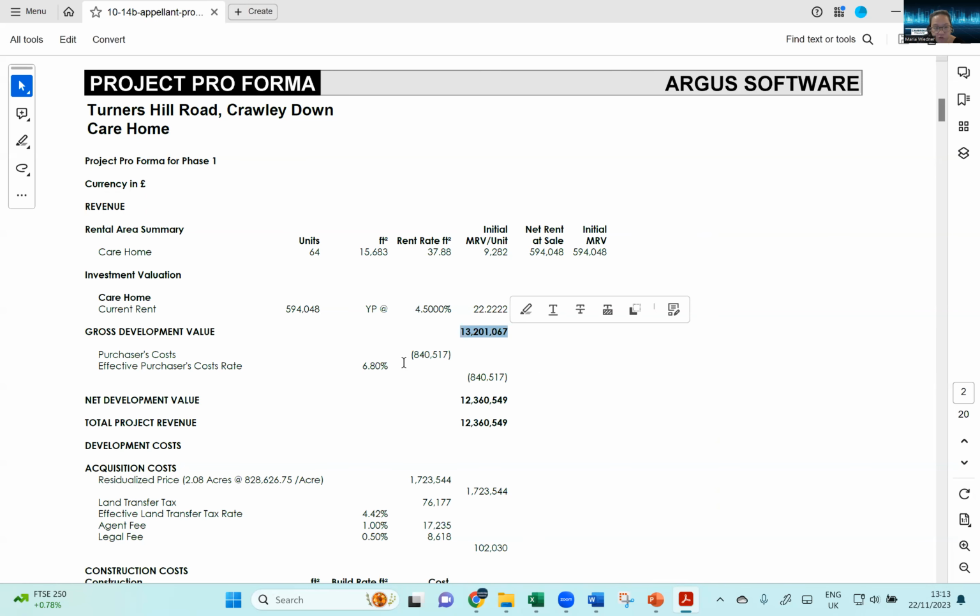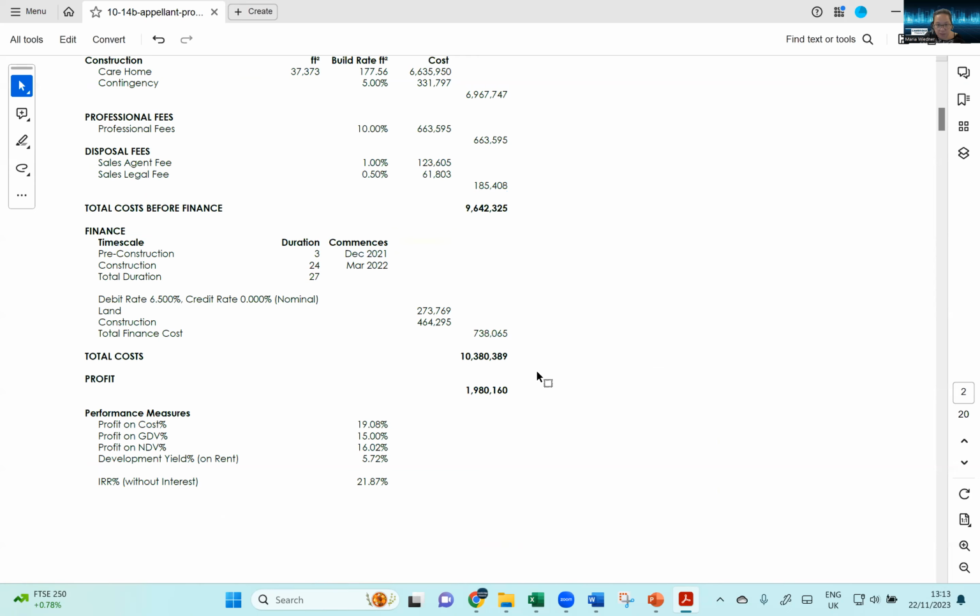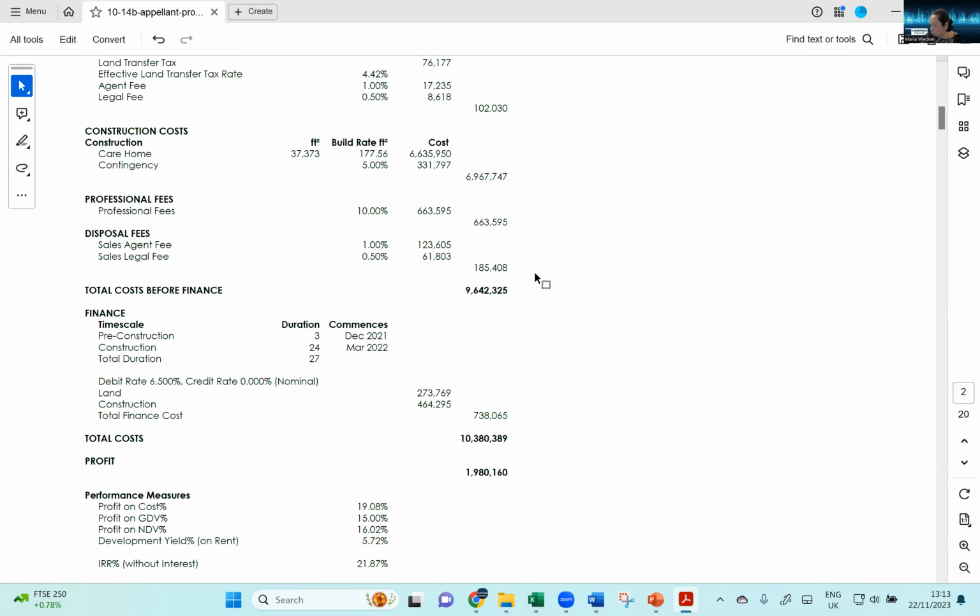So if you want to find out what the net development value is, then the net development value will be the gross development value, but taken out 6.8% of what? Of the net value. So for you to get from gross to net, what you need to do here is divide. So here is your NDV.